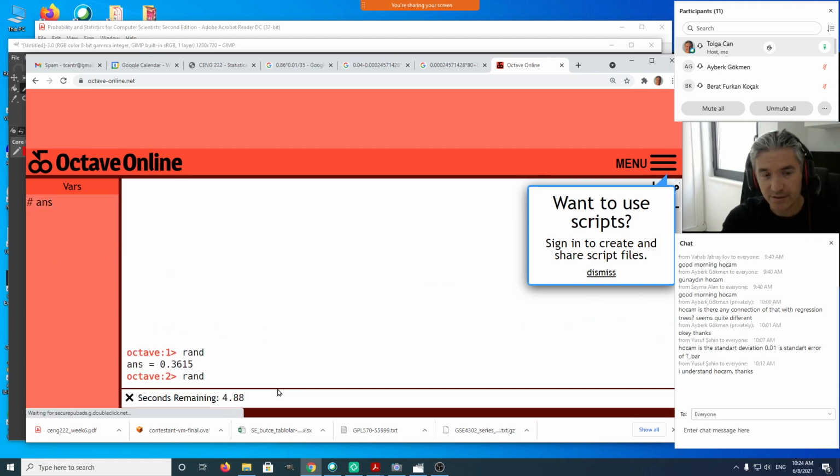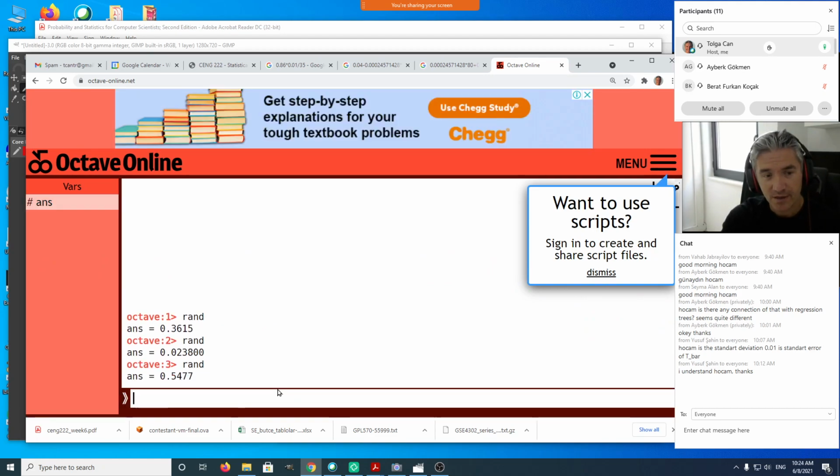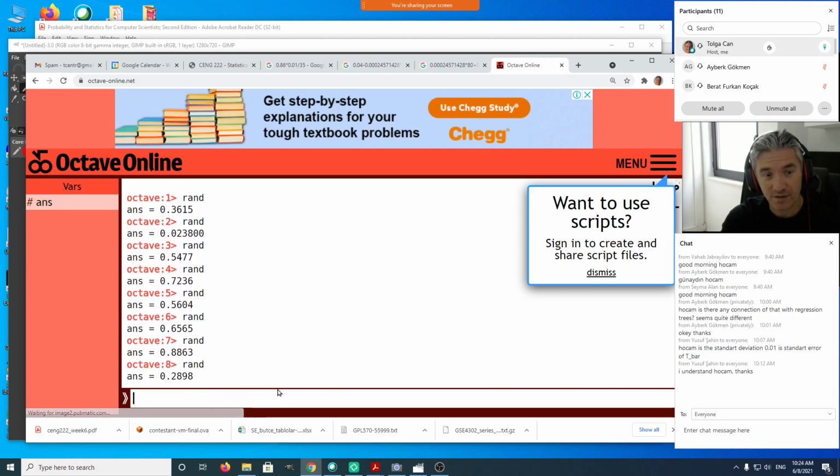Whenever you type rand, it takes no parameters and gives you a number between 0 and 1. These are some random numbers between 0 and 1, and any number between 0 and 1 is equally likely. So they're standard uniform. By using these numbers, is it possible to generate random numbers from any distribution? That will be our goal in the first part of the chapter.